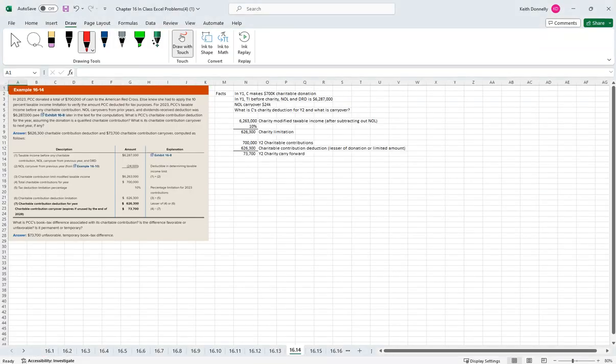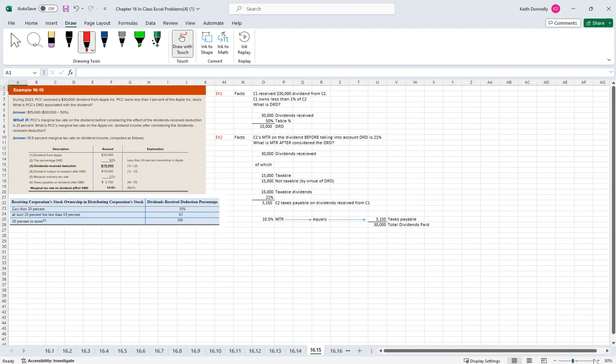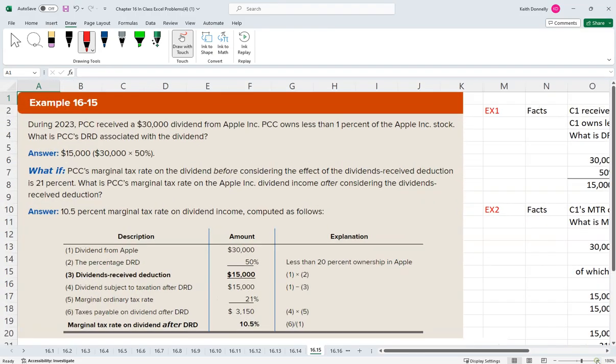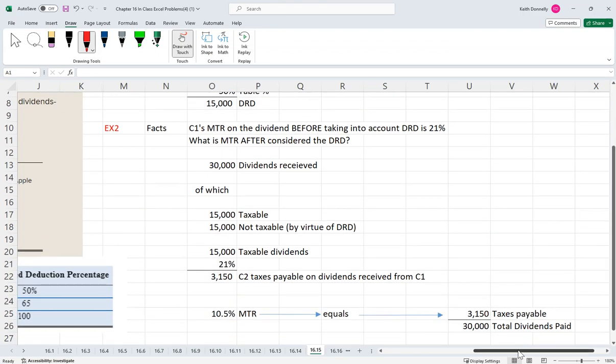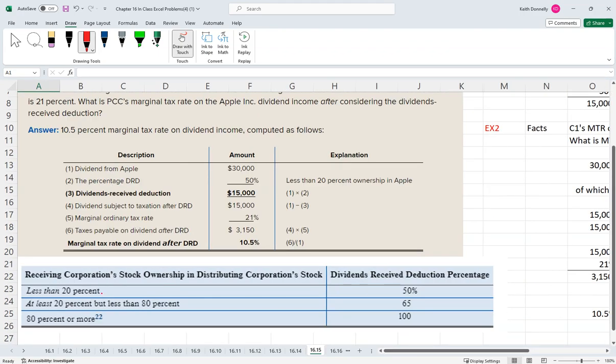So let's look at 1615 here. So here we go. We have one corporation that's owned by another corporation, and it looks like they paid them a $30,000 dividend, and this guy owns 1%. Okay, so we're less than 20%, we're at 1%.